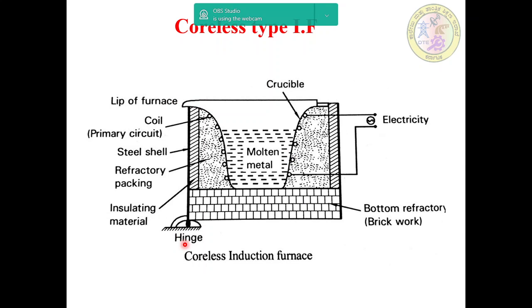The inner surface of the shell is covered with mica or asbestos, and the bottom surface is covered with refractory bricks. This is the insulation layer. Next to the insulation layer, hollow copper tube coils are present for the entire height of the shell on both sides.